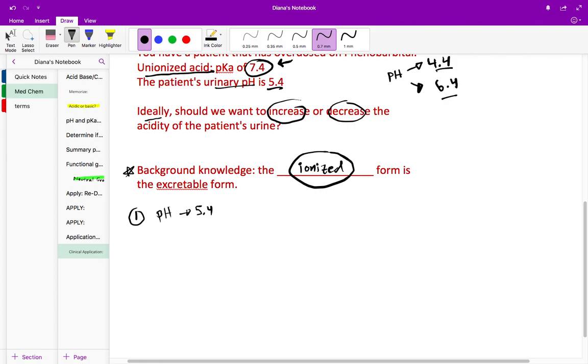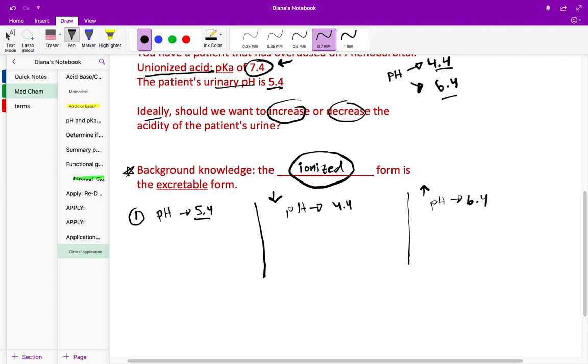And then I solved the ratio for pH 4.4 if we were to reduce the pH, and then I did the problem a third time with pH of 6.4. So this is the option of decreasing the urine pH, this is increasing the urine pH, and then this 5.4 is just your starting point for comparison's sake.